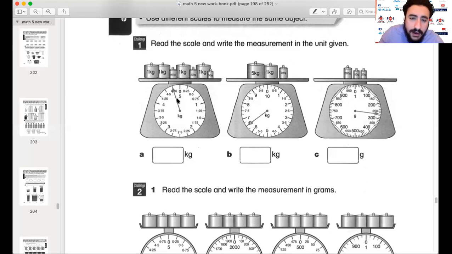And the arrow here is on the 4.75, so we are right. This is 4, this is 4.25, this is 4.50, this is 4.75 kilograms.